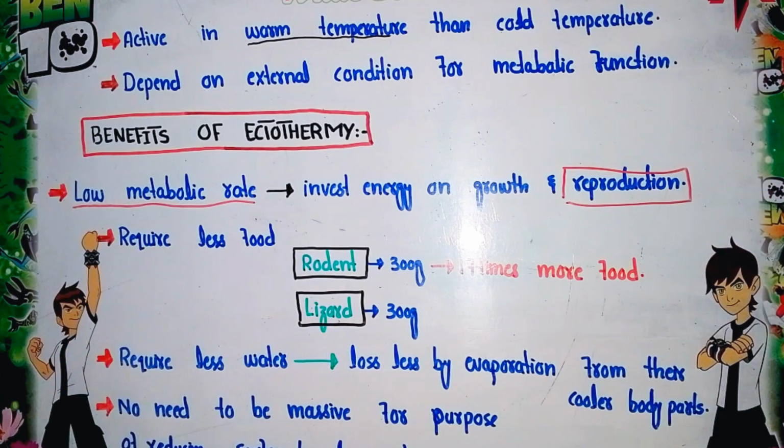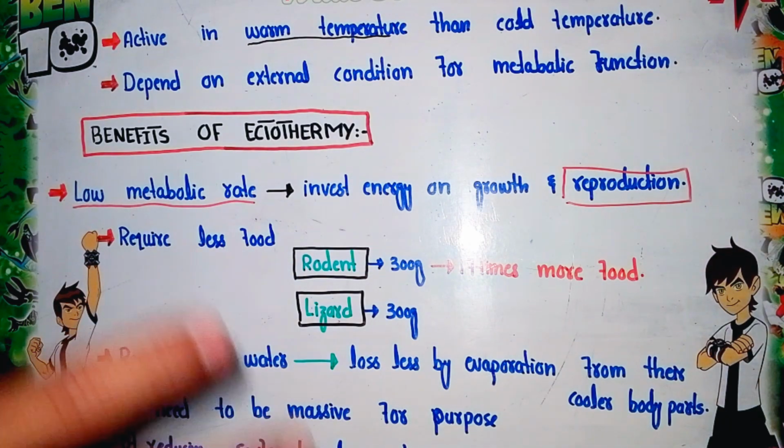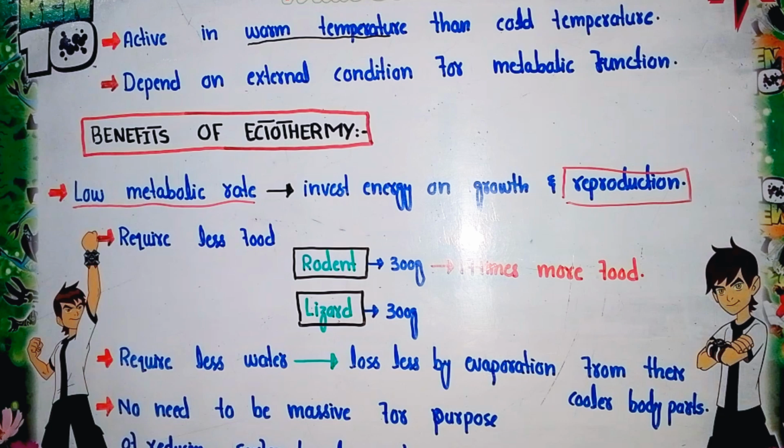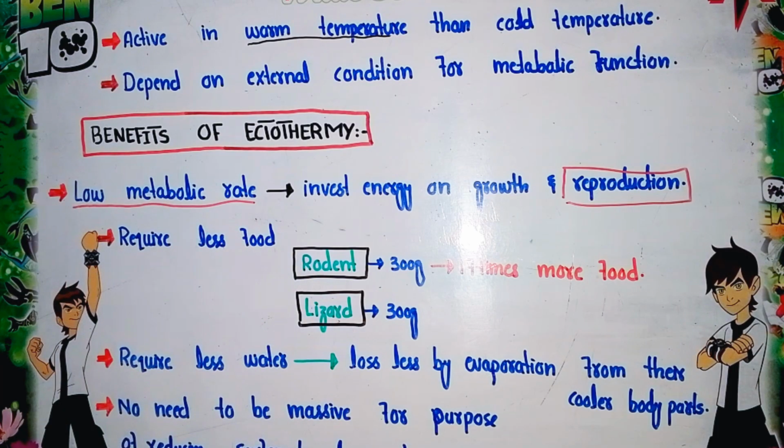For survival, these two processes are very important. They can spend their energy mainly on growth and reproduction, whereas endotherms spend a lot of energy on body temperature regulation. So this is a benefit to ectothermic animals. Now the second benefit: they require less food, as we have already discussed that they have a low metabolic rate.